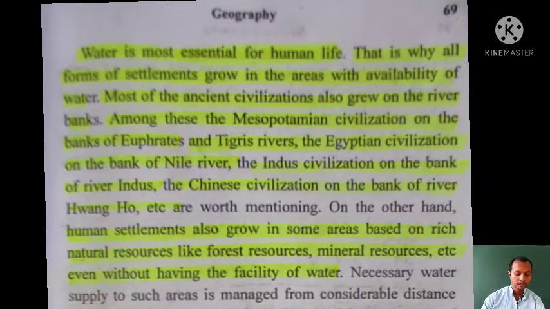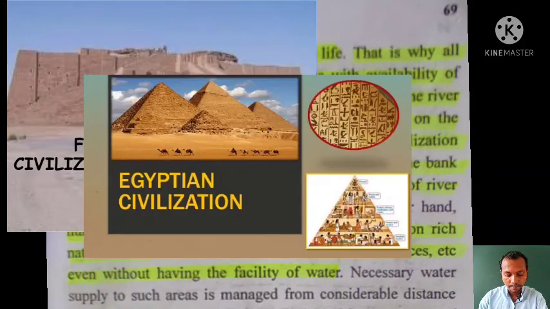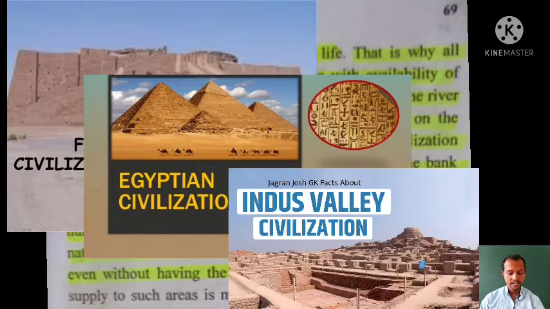One example given in our book is the Mesopotamian civilization, which was on the banks of the rivers Euphrates and Tigris. Again, the Egyptian civilization on the bank of the river Nile. And furthermore, of our own country, the Indus civilization on the bank of the river Indus.